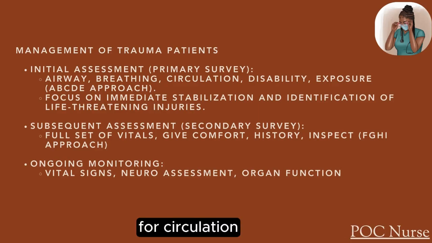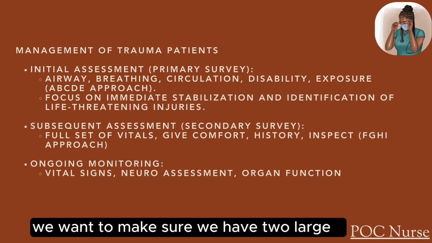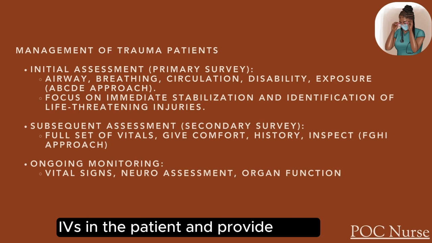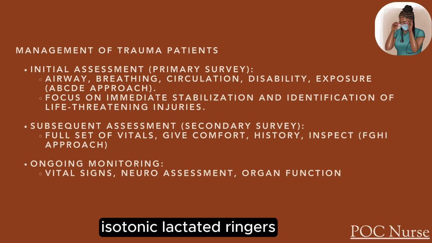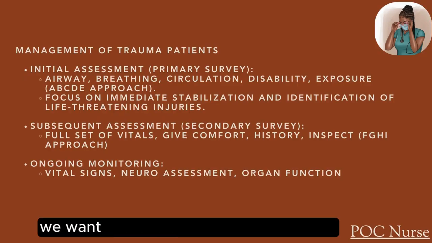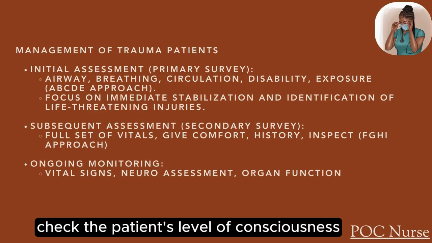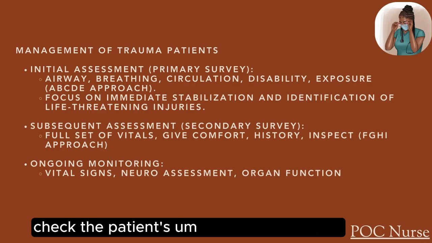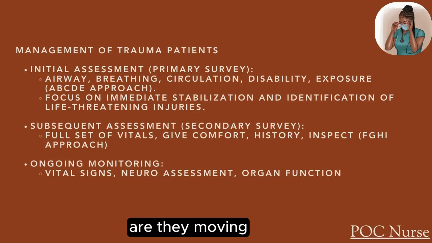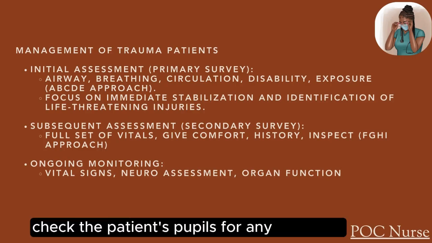For circulation, we want to make sure we have two large bore IVs in the patient and provide warm isotonic lactated Ringer's. For the disability portion, the letter D portion of this, we want to do a quick neurological exam, check the patient's level of consciousness, check the patient's motor response. Are they moving? Check the patient's pupils for any reactivity.